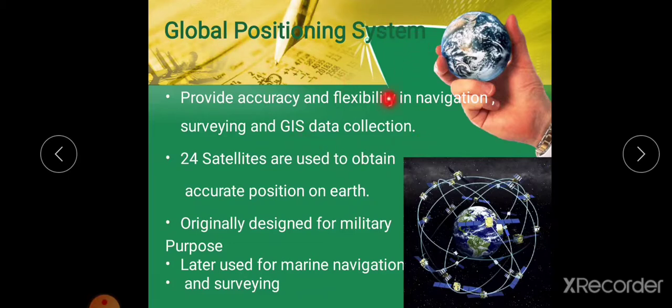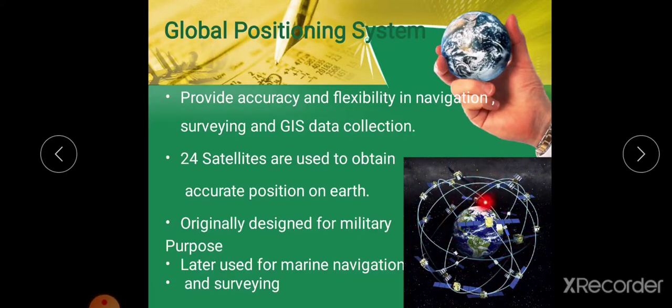And for this GPS system there are 24 satellites. 24 satellites are used to obtain accurate position on Earth. That is GPS technology.